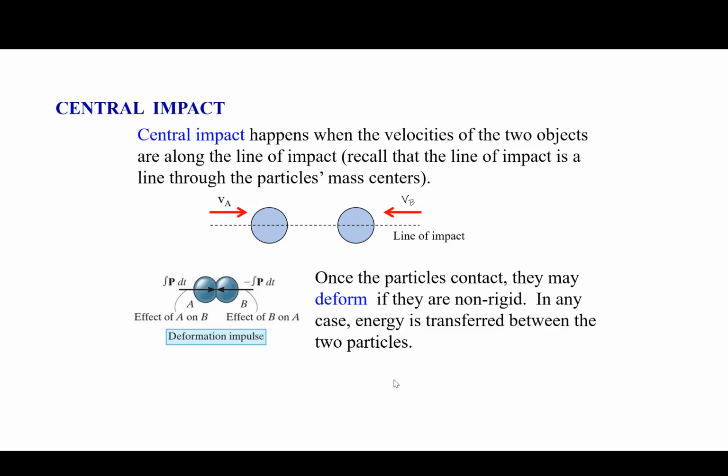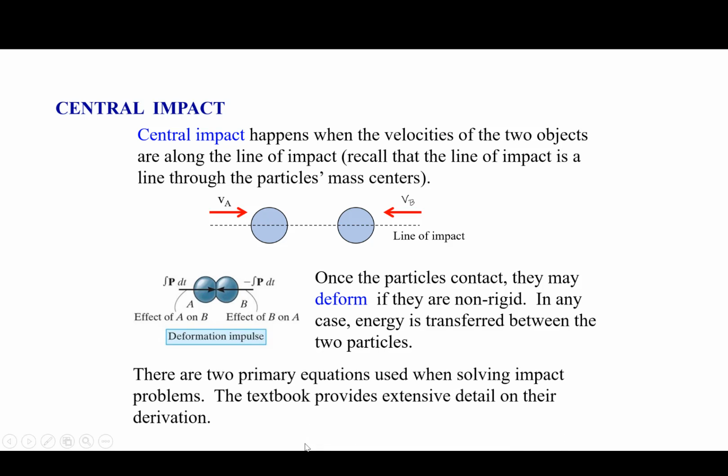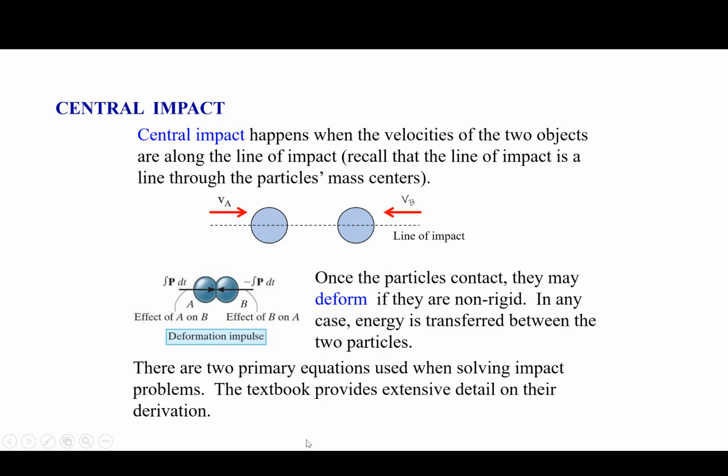We had elastic collisions and inelastic collisions. The elastic collision was a special case, and in that special case, the change in kinetic energy was also conserved.